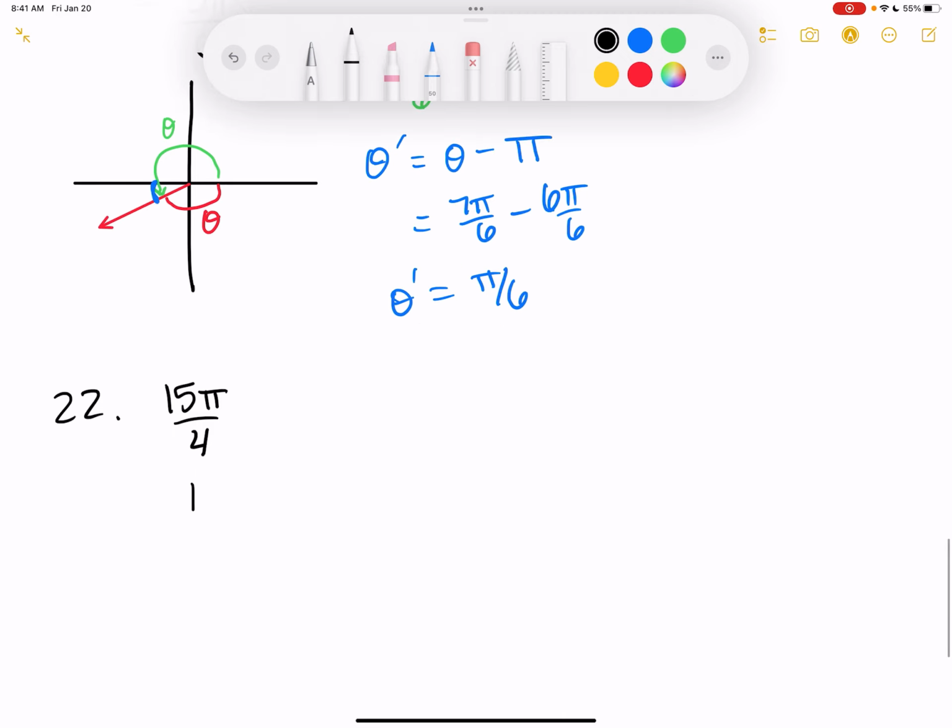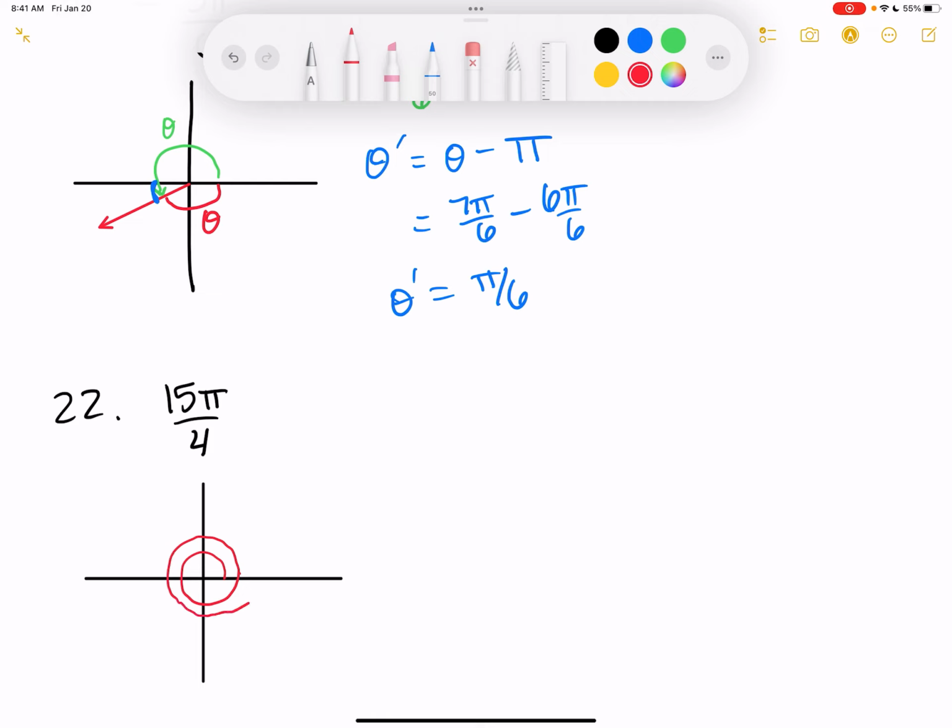So we can go around and see where it is. We have 4 pi over 4, 8 pi over 4, 12 pi over 4, 13 pi over 4, 14 pi over 4.